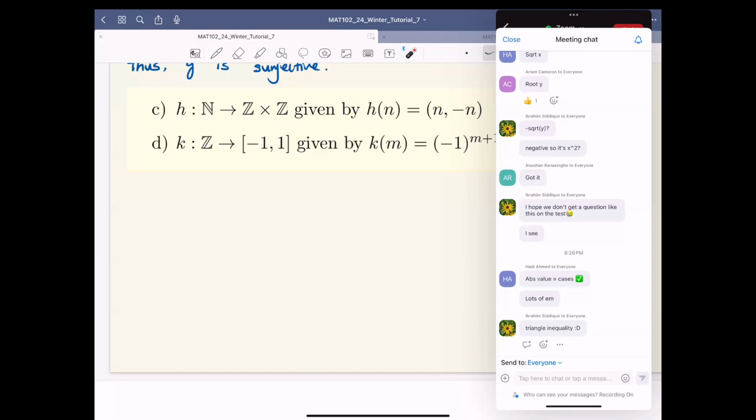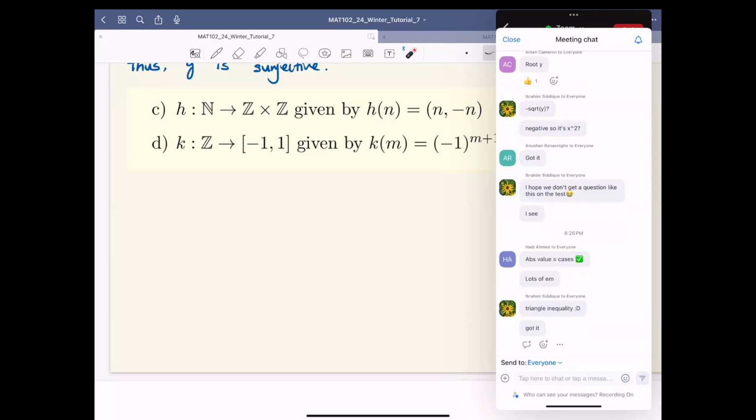If you really think about a triangle inequality kind of question, it's always helpful for the first direction of image, not the second direction. The second direction is usually about finding the inverse or something like that. So it barely shows up in those kinds of questions. You don't have to worry about it that much. It's usually an image question, and it's usually in the first direction. That's where it's useful. Anyway, let's do C.